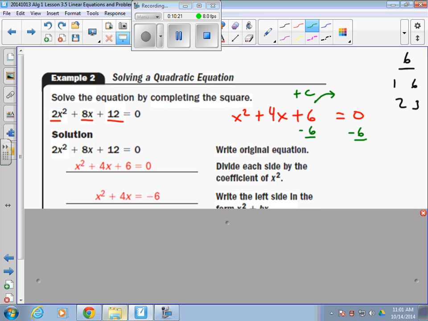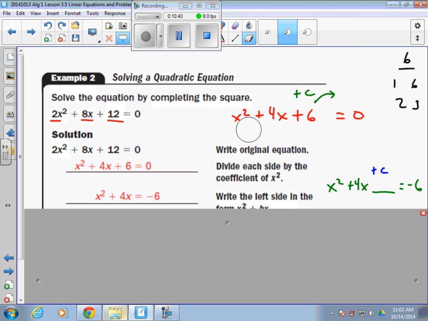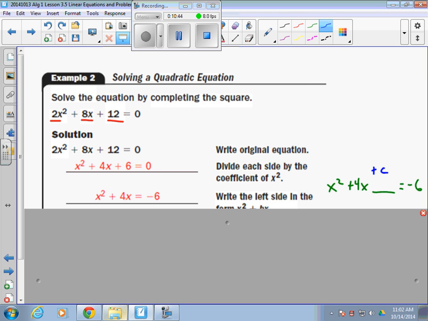Now we want to find a new value for C. So it says x squared plus 4x plus C equals negative 6. And we want to find that value for C. You find C just like we did a minute ago. You take B's value, and you know that B's value is 4 in this case, because it's ax squared plus bx plus c.